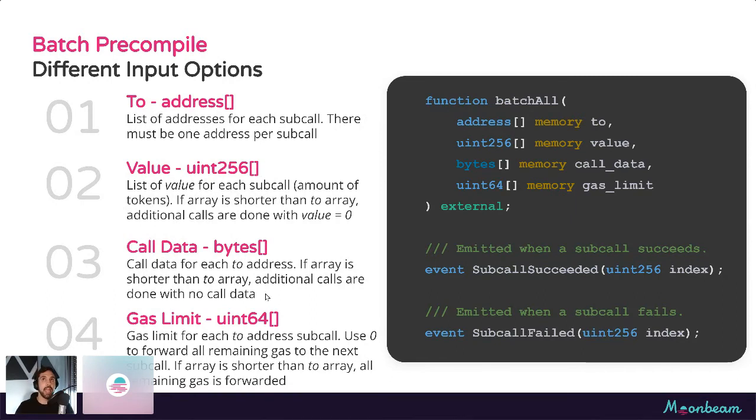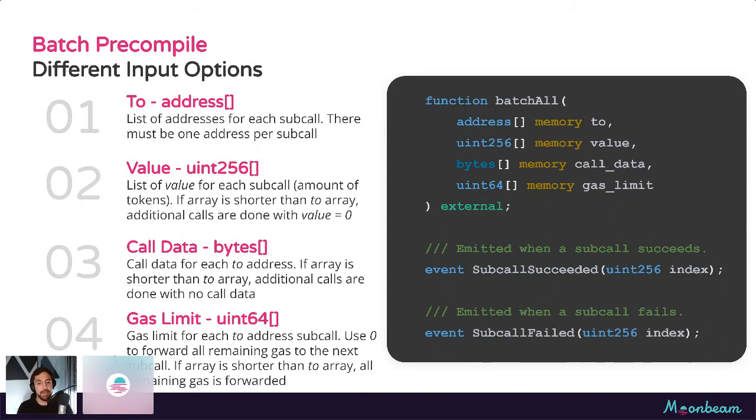So for example, let's say our first subcall is a contract interaction. We have to provide call data. But our second call is basically we're sending DEV to someone, right? So the second element in the array could be just basically nothing. We can just provide an array of size 1, or we can just put an empty element here, and that will also be sufficient.